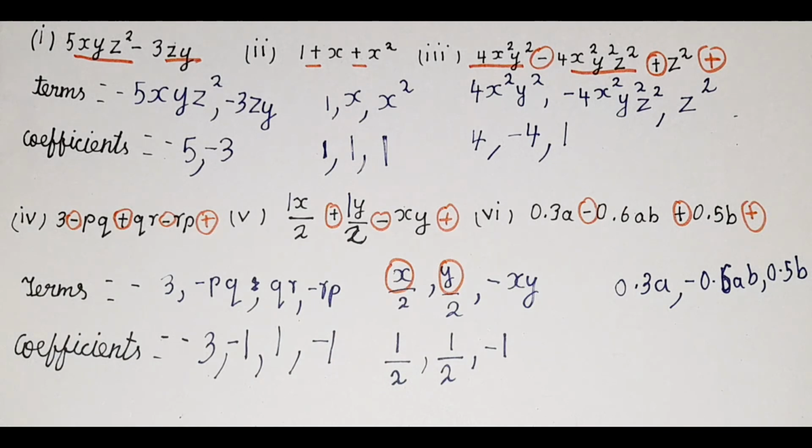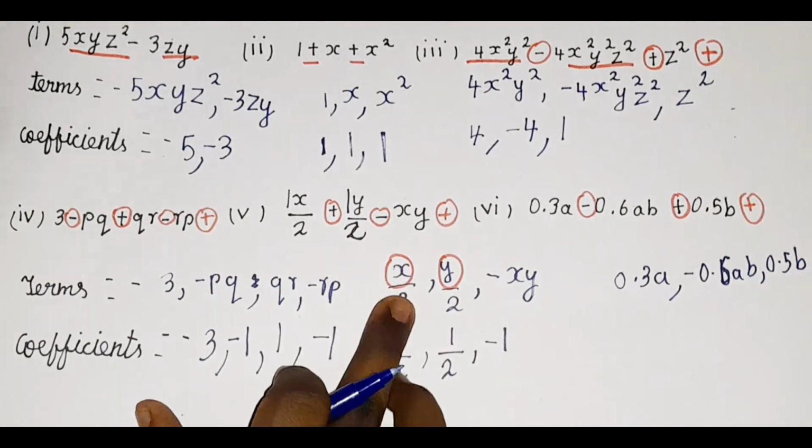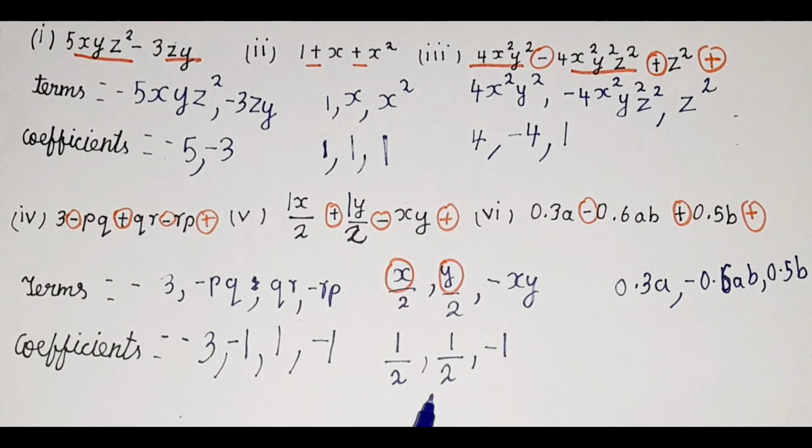So for finding this, what we will do? We will write the coefficient of x. The first variable is x for the first term. Am I right? So coefficient of x is 1 by 2. We will replace the x with 1. Am I right? If there is no value, we will write 1. If there is any variable without any number, we will replace it with 1.